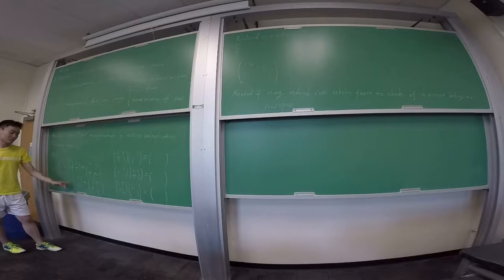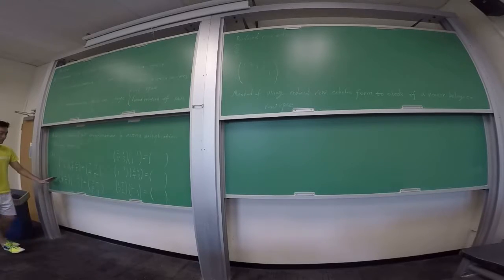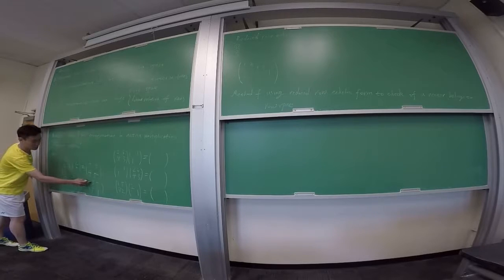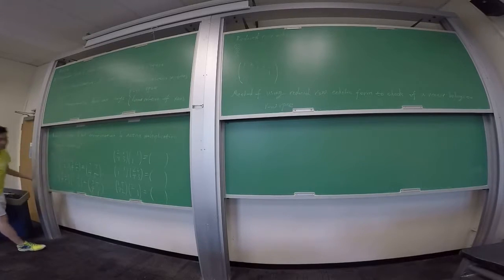So multiplying on the right means you're adding the first column to the second column, and you do the same thing here: you're adding 3, 4 to the 2, 5, and then it becomes 3, 5, 4, 9.